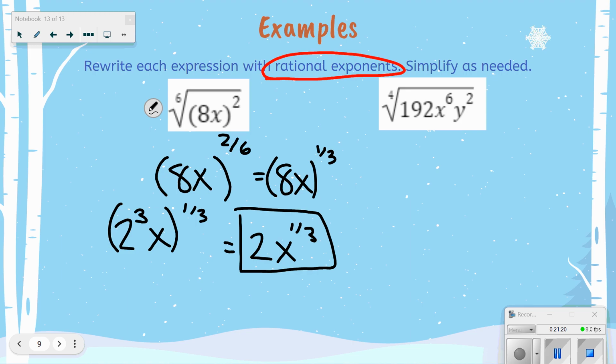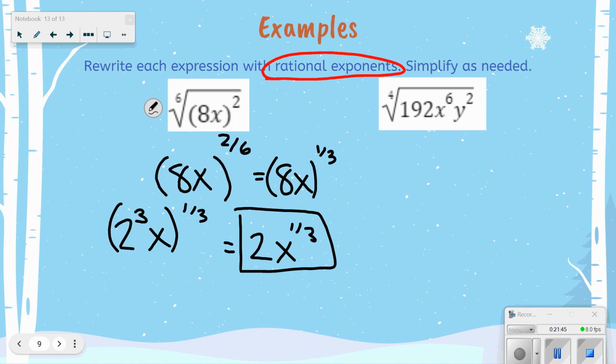Okay, next up we have the 4th root of 192x to the 6y squared. So, if I could, I would keep simplifying 192, like if it was a perfect cube of something. Does everybody know what I mean by that?